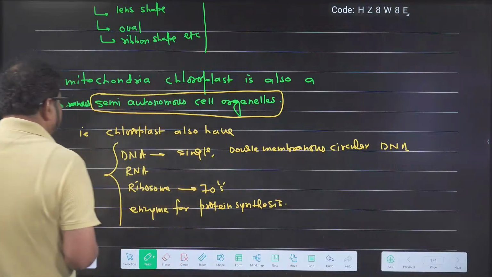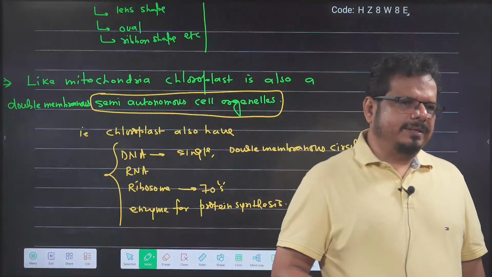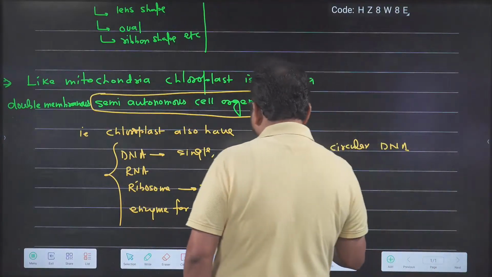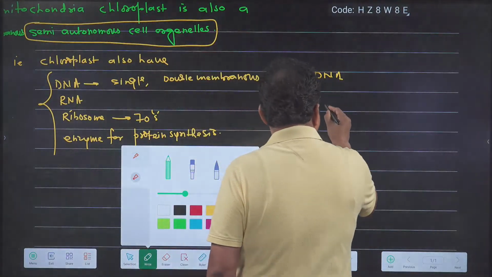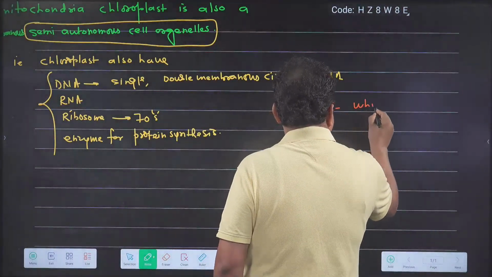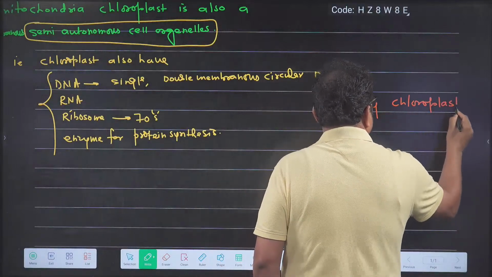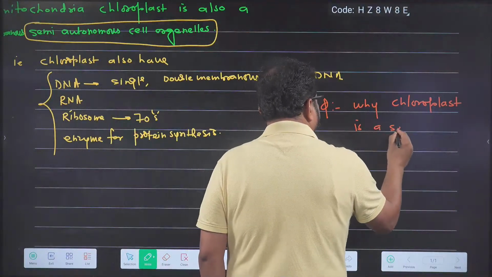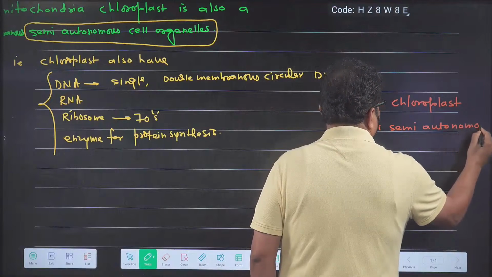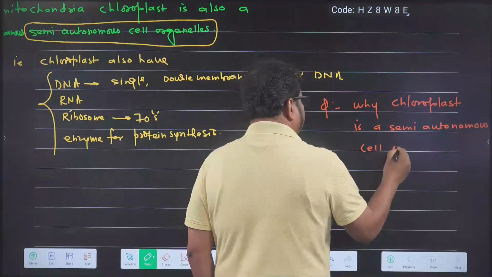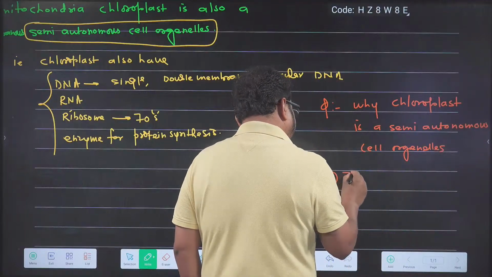So the examiner can ask a question: why is mitochondria a semi-autonomous cell organelle? Or why is chloroplast a semi-autonomous cell organelle? I am framing a question. First option, it contains DNA.